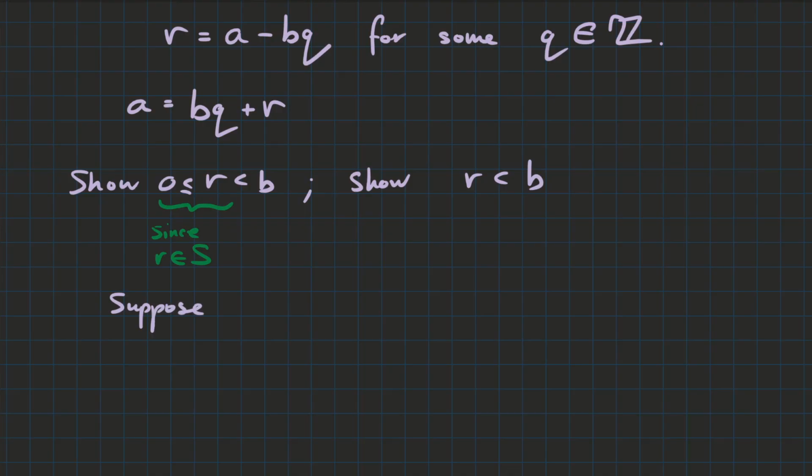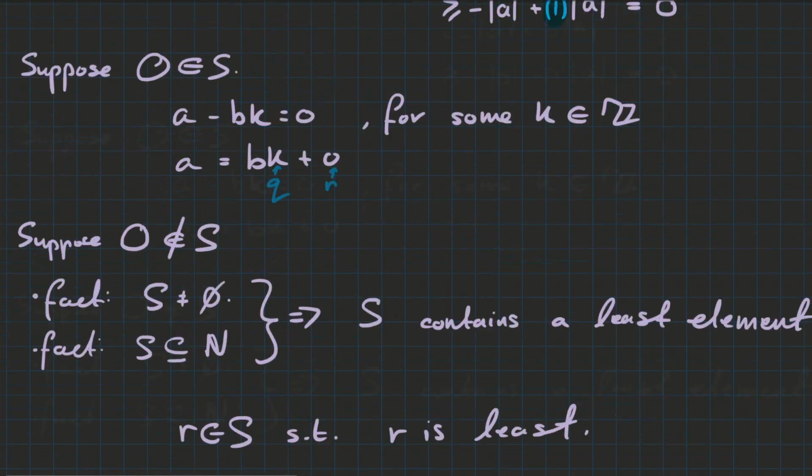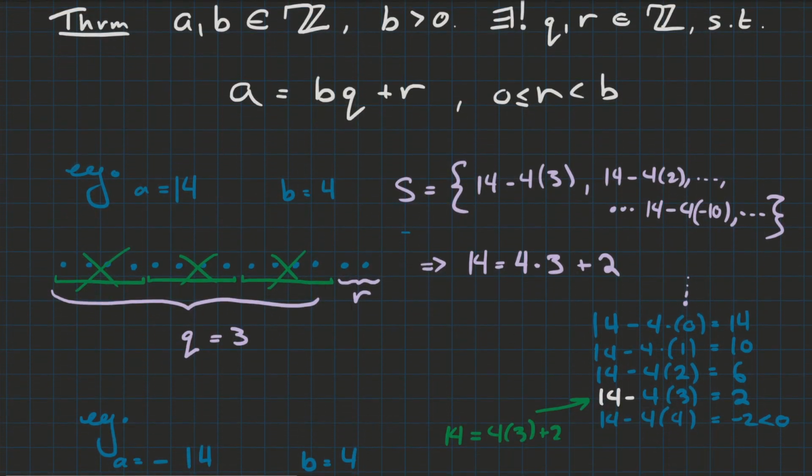Suppose R is greater than or equal to B. Then we're going to contradict something. Let's think about it for a second. If R is bigger than B, let's go back to our examples. If I left 6 as a remainder here, that means that I could still remove another 4.